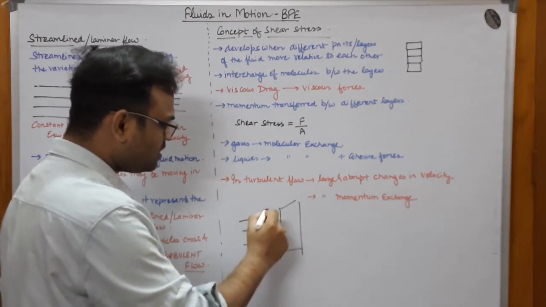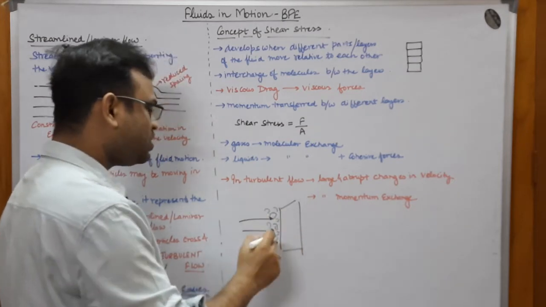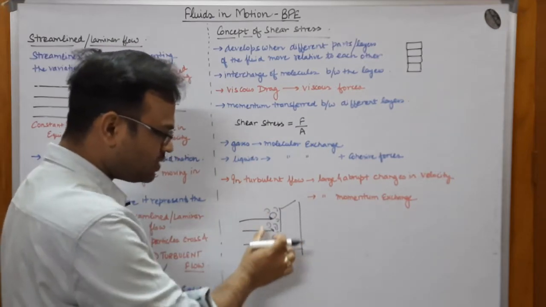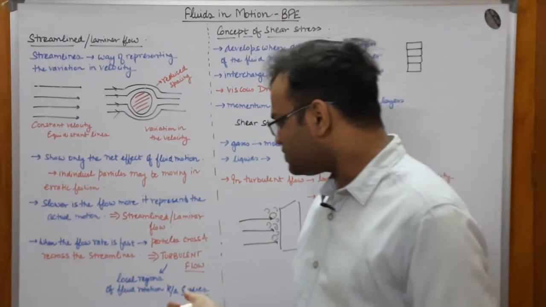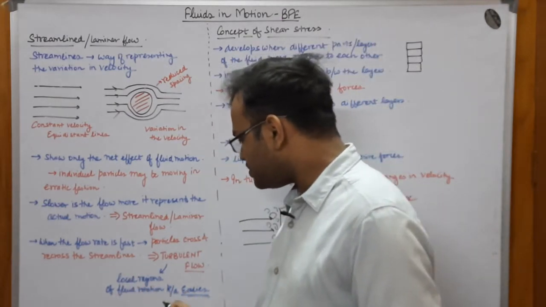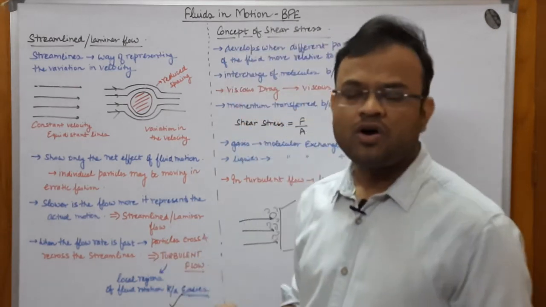Okay, so a small portion would be seen over here, which would be showing a very localized region. It would be present over here showing circular motion. That is what is called eddies. So local regions of fluid rotation are called eddies. So this is a representation of turbulent flow.